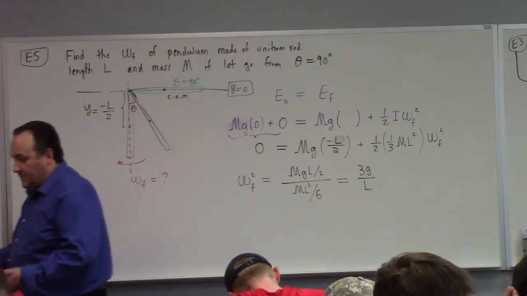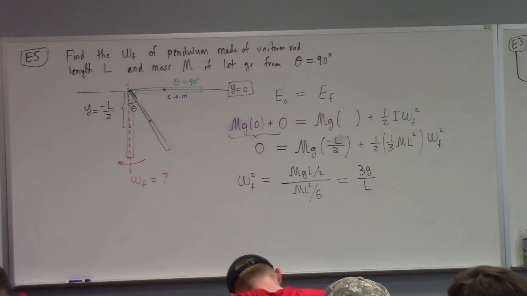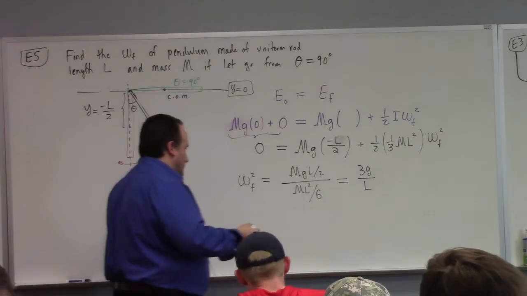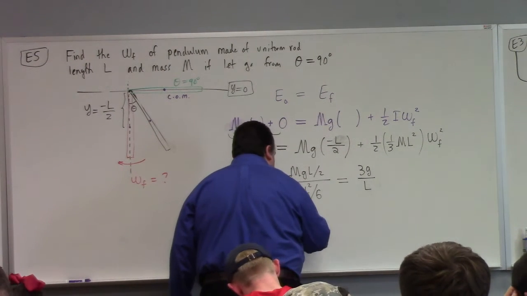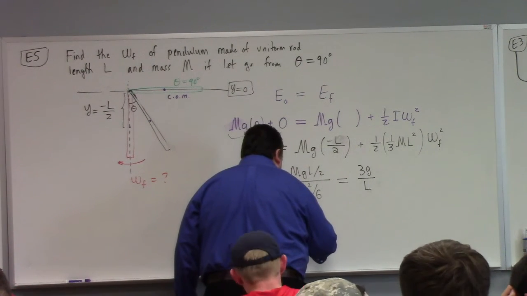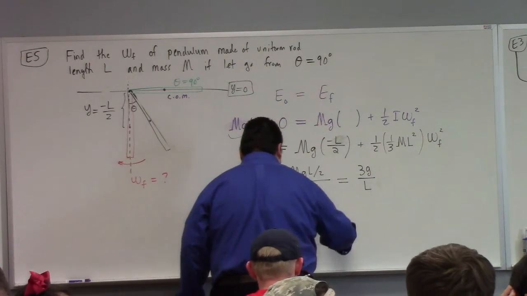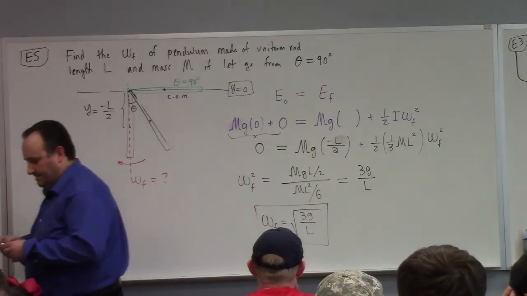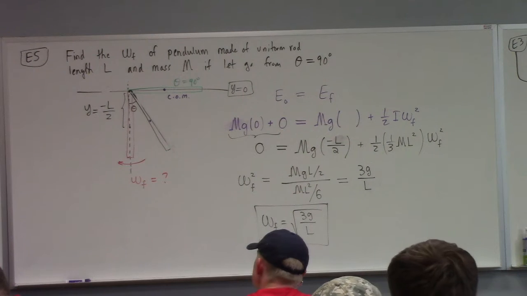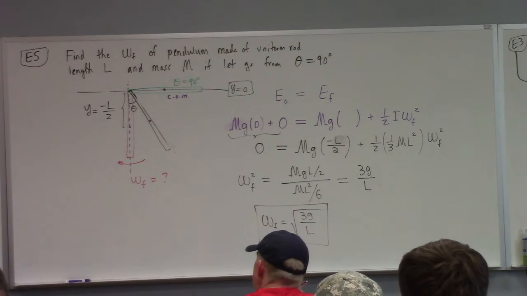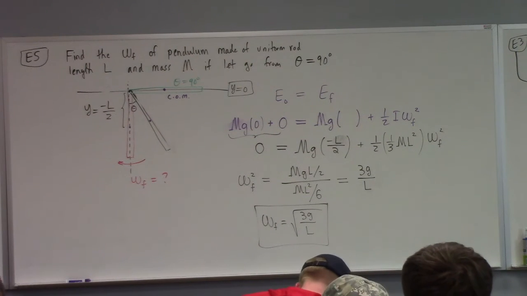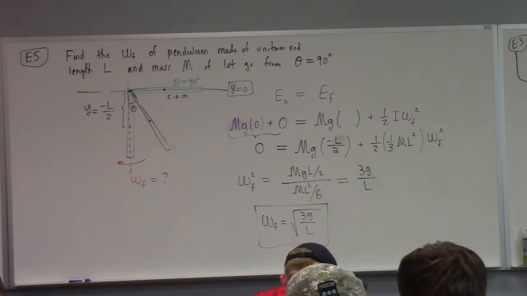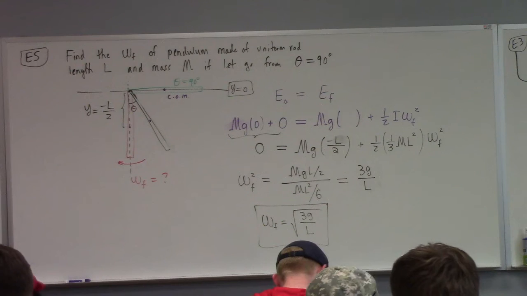Now that's the square of the final velocity here. So omega f is actually the square root of 3g over l. I think this is a good example of a problem that we would have probably had no hope in solving without introducing the concepts of angular momentum and angular velocity, right?